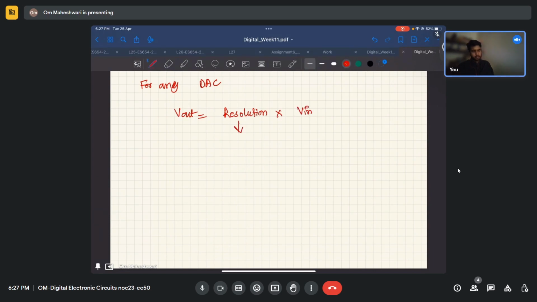Now this resolution varies depending on the type. Resolution is always Vref, that is the reference voltage given to the DAC, divided by 2 to the power n or 2 to the power n minus 1 depending on the type. So R2R is a binary ladder.